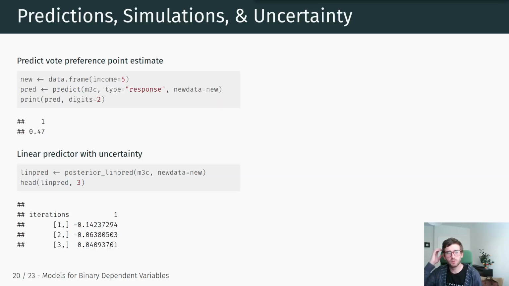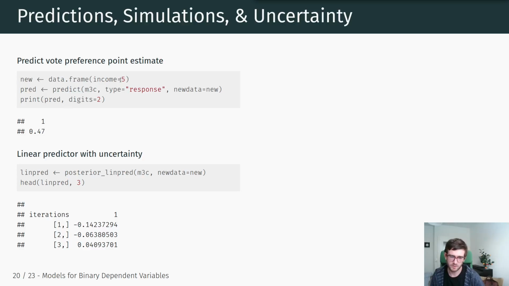So, for example, based on our model, we can directly predict vote preference for specific values of our income measure. If we use the predict function, we can directly get a prediction.